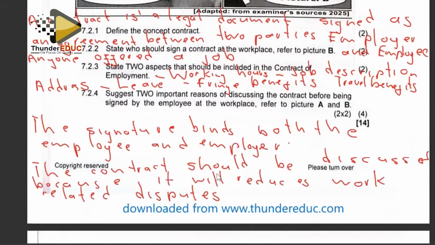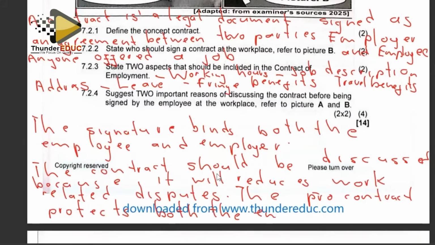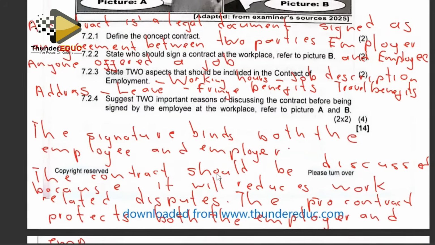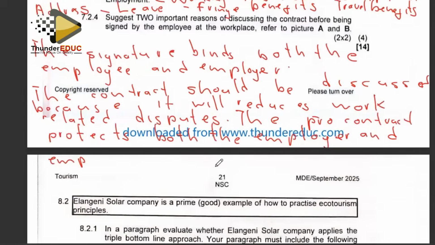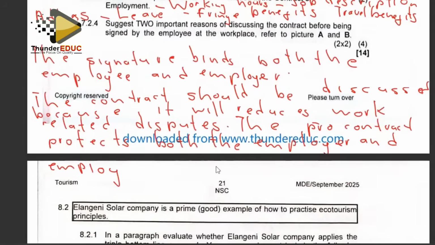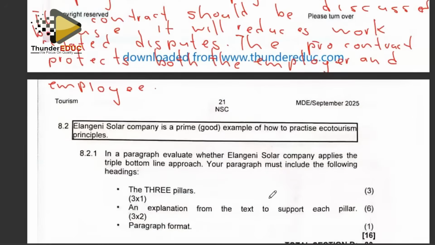In addition to that, the contract protects both the employer and employee. That is how a contract works. Now, moving on to question 8.